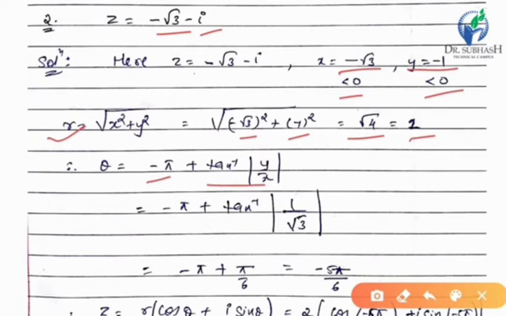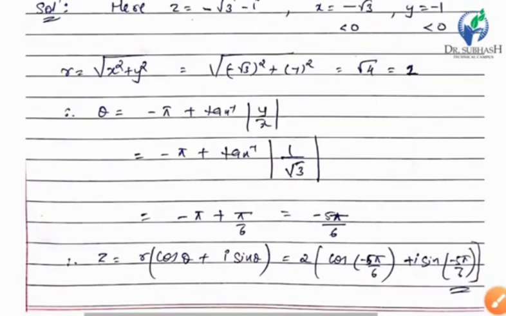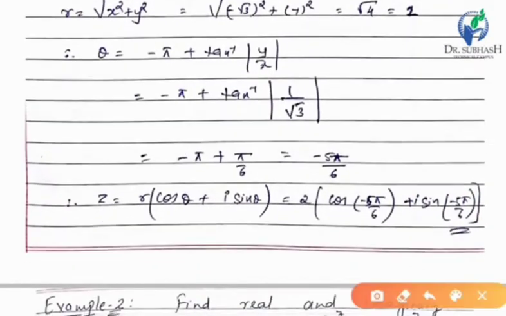We are taking mod here, so we have no need to put the minus sign while we are putting the values of x and y. So minus pi plus tan inverse 1 upon root 3. Now again we know that tan inverse 1 upon root 3 is pi by 6. On simplifying and taking LCM, we get theta as minus 5 pi by 6.